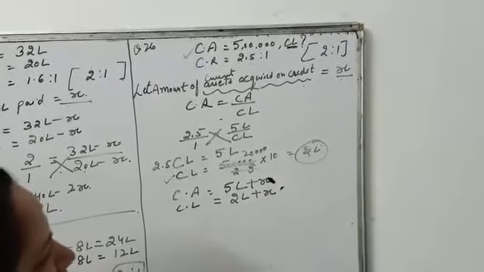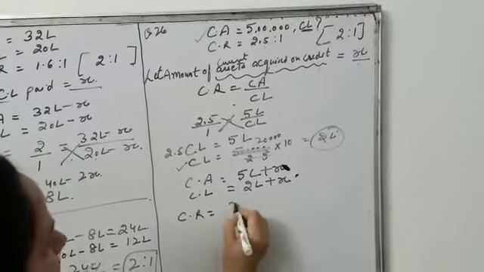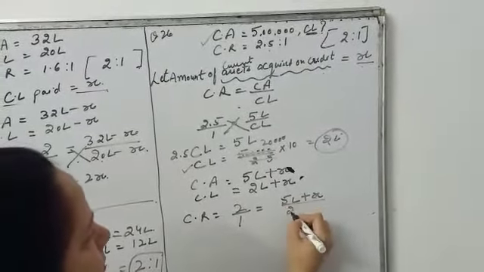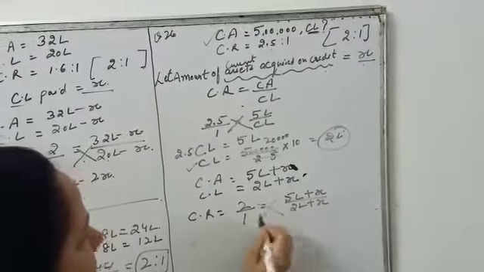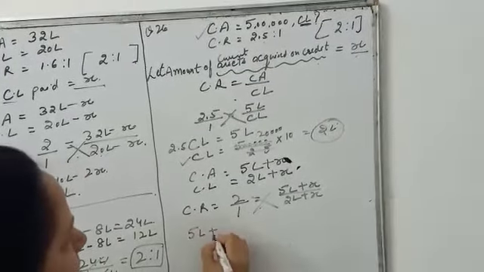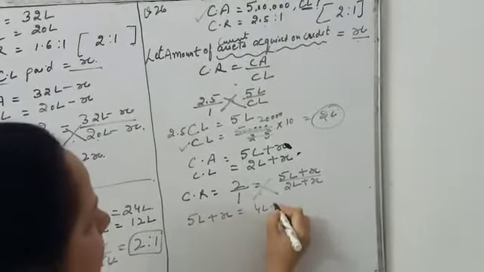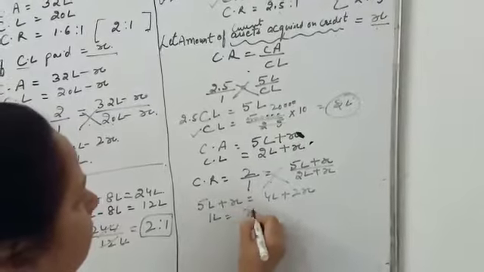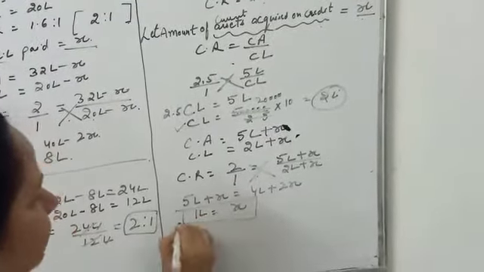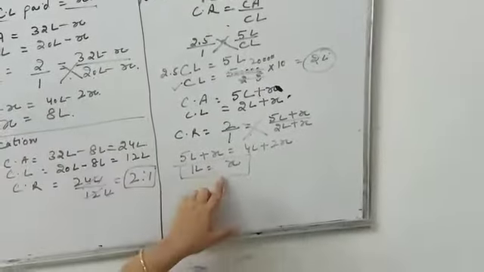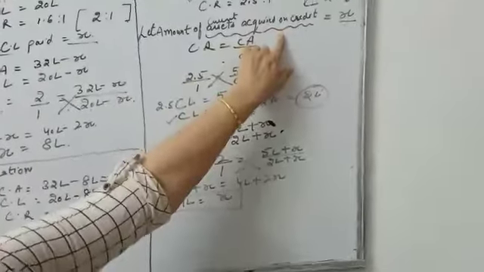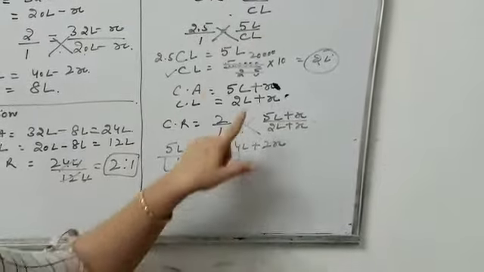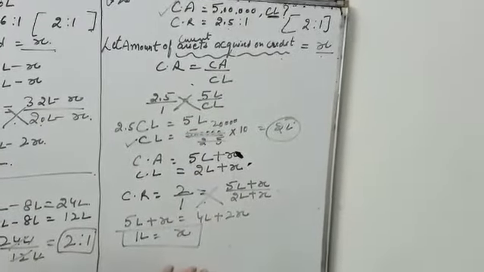By putting its value here and cross multiplying, we find X is 1 lakh. It means if the current assets acquired on credit are 1 lakh, then our ratio will be 2:1.